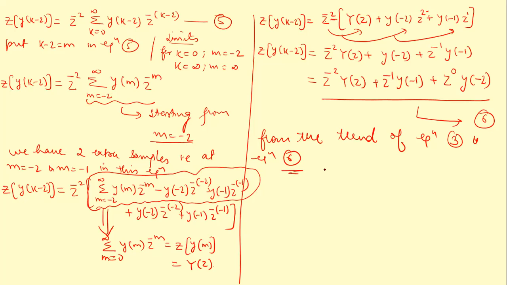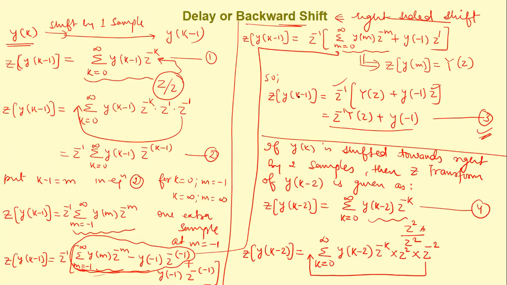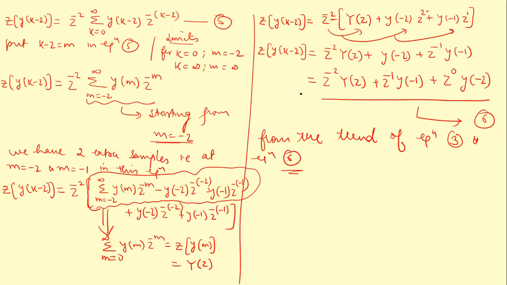If you see here, the sequence was shifted towards right by one sample. So we have z raised to the power minus 1 Y(z), then here we have z raised to the power 0, and then y(-1). Now you can see the trend here when the same sequence has been shifted towards right by two samples. Now we have z raised to the minus 2 Y(z), then y(-1), then z^0, and here y(-2), and so on the sequence would be.